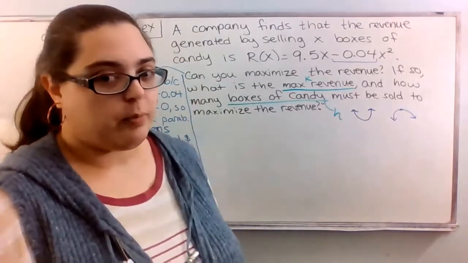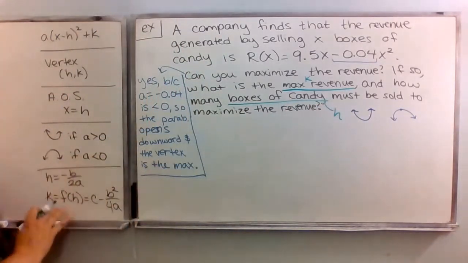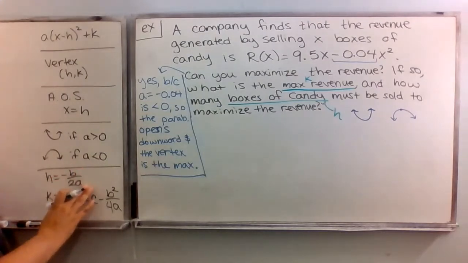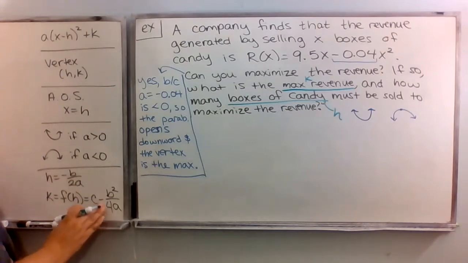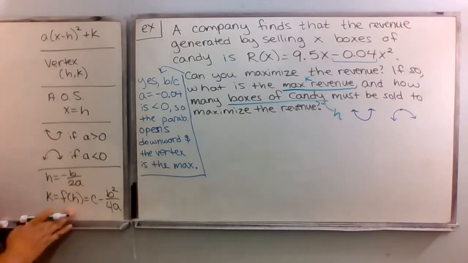So since we need to find both of them, we're going to be using both of these formulas here, where h is negative b over 2a, and k is f of h, or if you prefer, c minus b squared over 4a. So since we have to find both, I'm going to find h first, and then I'm going to plug it into the function to find k.